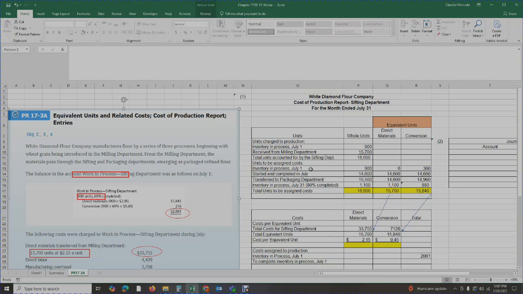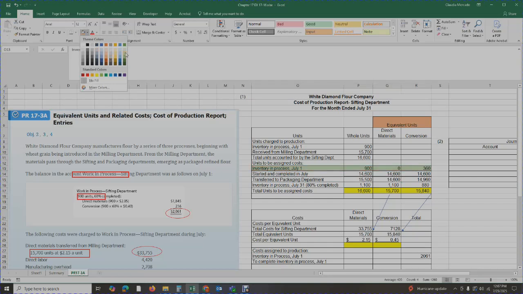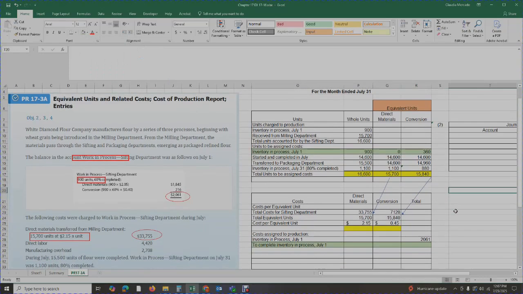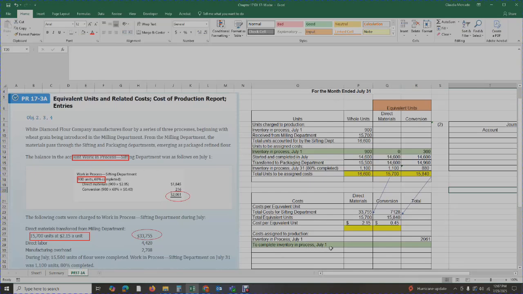We're going to be looking at inventory in process. This is the line item that we're going to be looking at for now. I'm going to be highlighting it, okay, so that way you know where I'm getting the data. So the green goes with the green, okay. So how many units to complete inventory in process in July do we have for materials, okay? For materials, we had 0, okay.